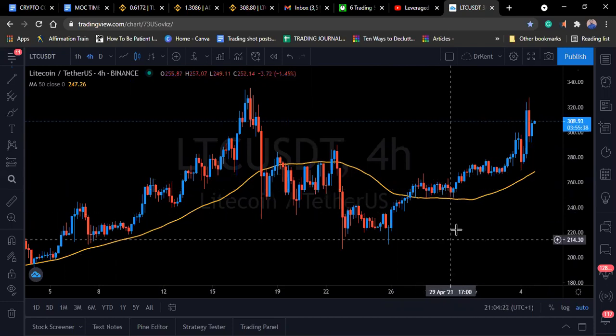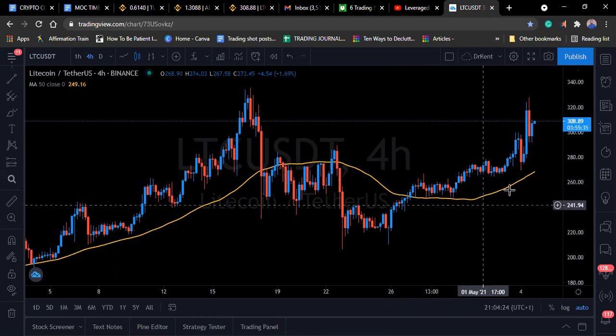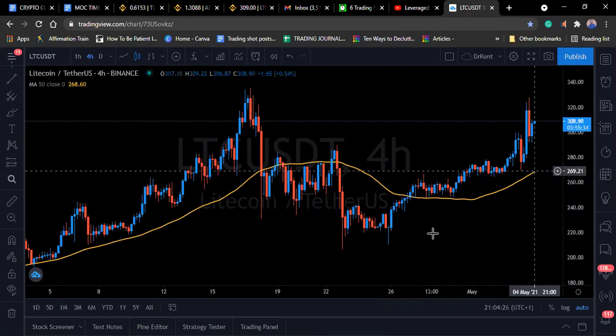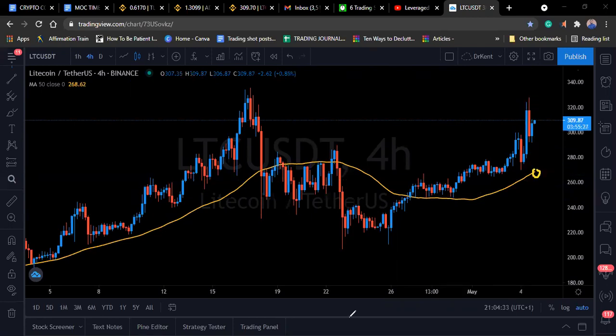That now tells you the slope of this moving average at this point here. Currently, that slope is at 268. So that is a moving average.